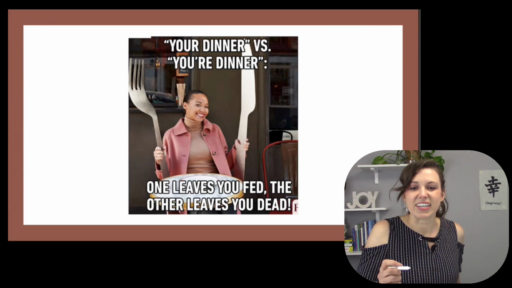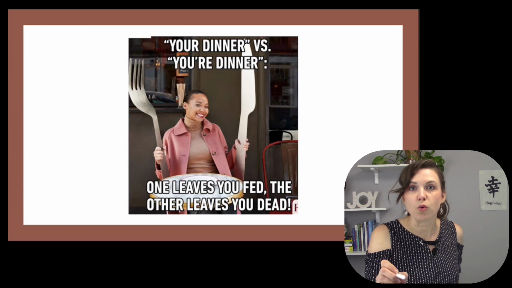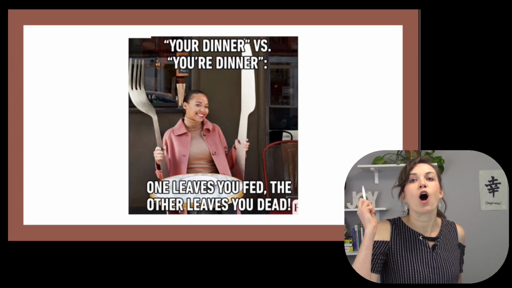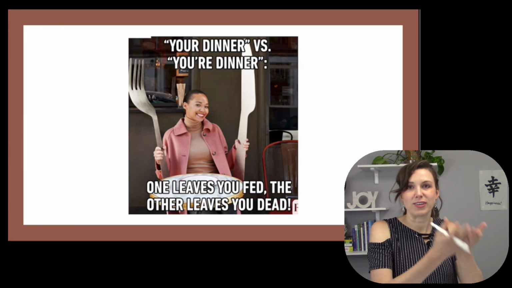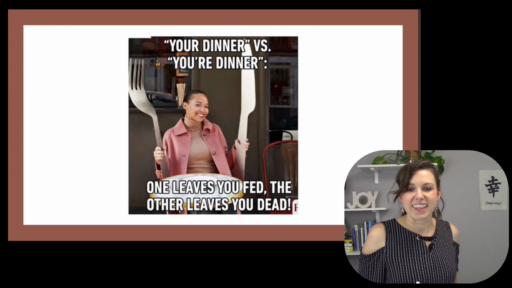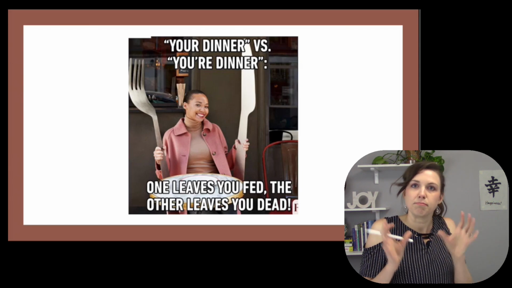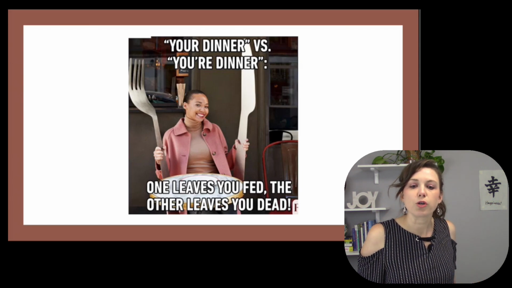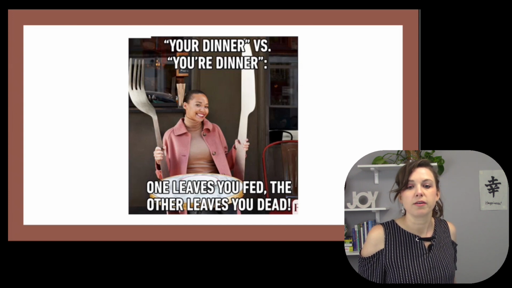So notice here how the first one, your dinner, Y-O-U-R, is showing ownership, right? Your dinner. Here is your dinner, right? The second one is a contraction, which is taking two words and sort of combining them together. So Y-O-U-apostrophe-R-E is simply "you are."